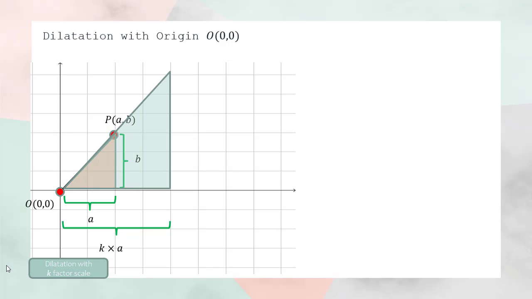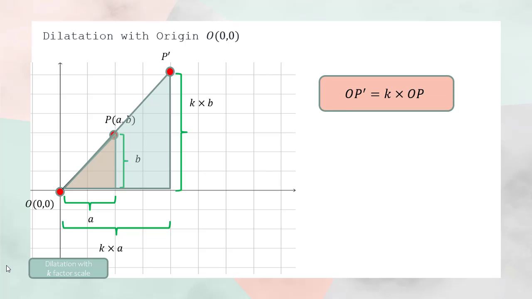And then for the other leg, we also have to multiply by k. And then we can sketch a big triangle after we dilate the small triangle. So the new hypotenuse of this big triangle under dilatation is OP'. So OP' is equal to k times OP.